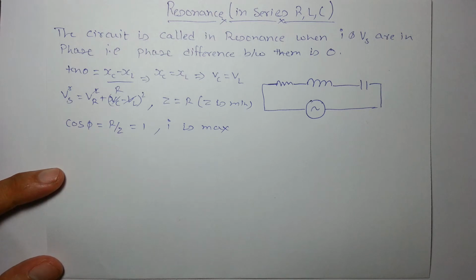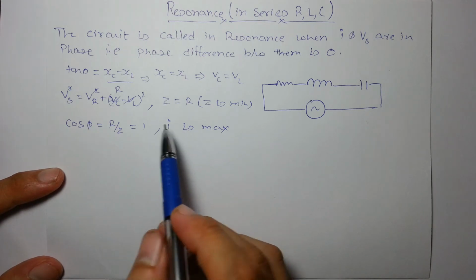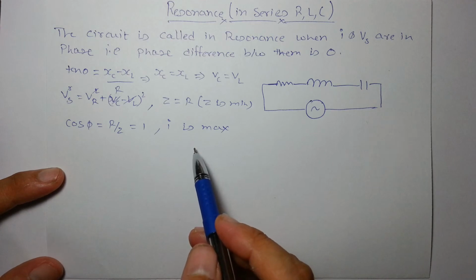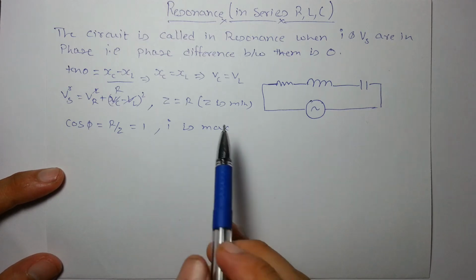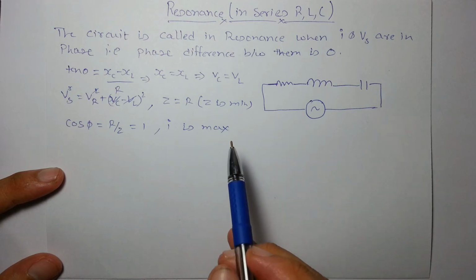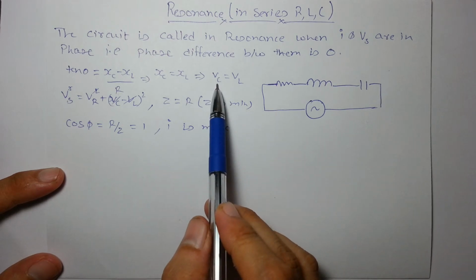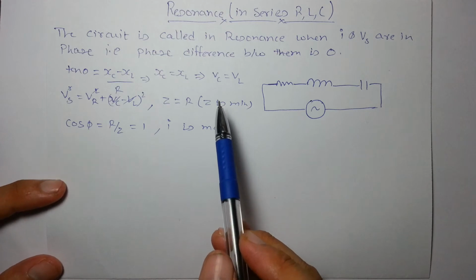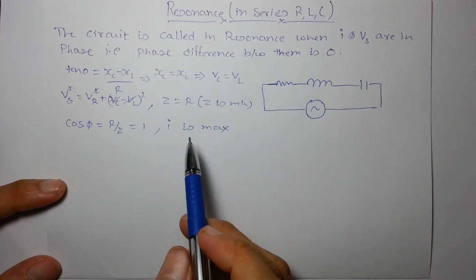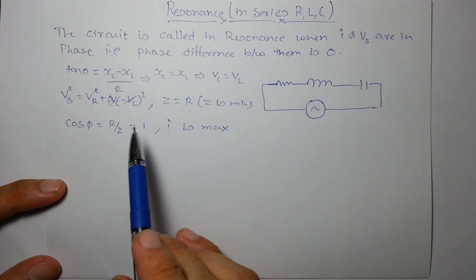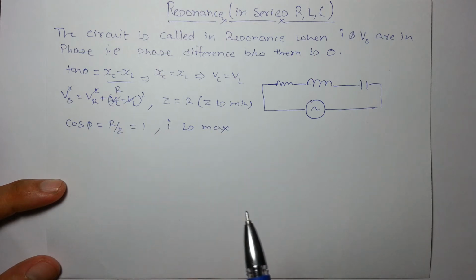If any one of them is true, others will also be true. Let's say if it is given that I is maximum in the circuit, you can say the resonance is taking place, or voltage across capacitor and inductor are same, so you can say that resonance is taking place. So if any one of them is true, all will definitely be true.